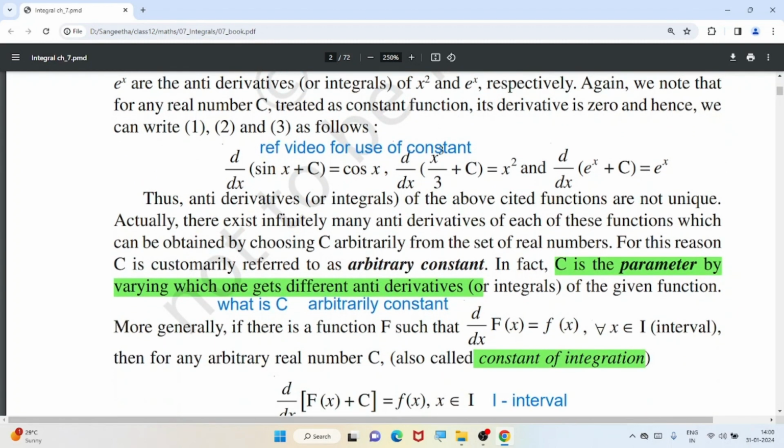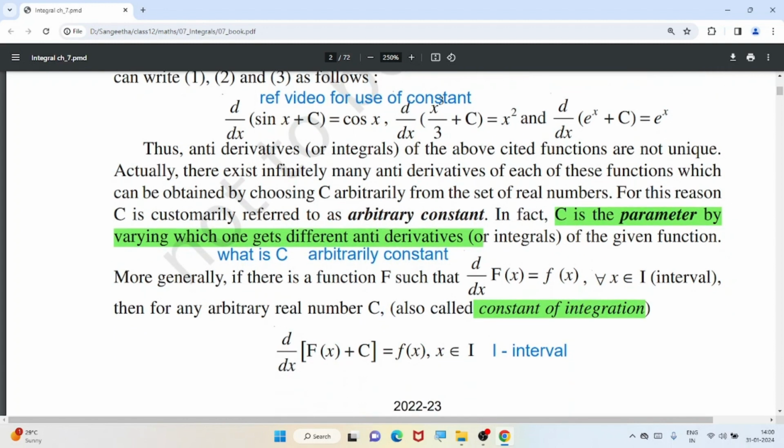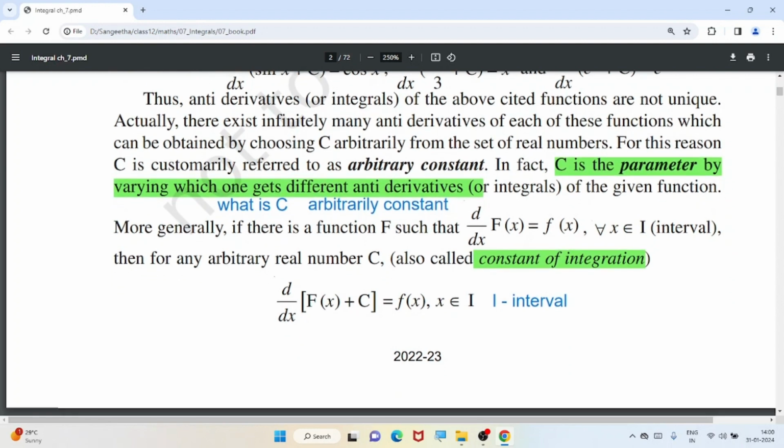Here we are using the constant. Go through the first reference video for the importance of the constant. After doing integration, in the result of integration we add an arbitrary constant.